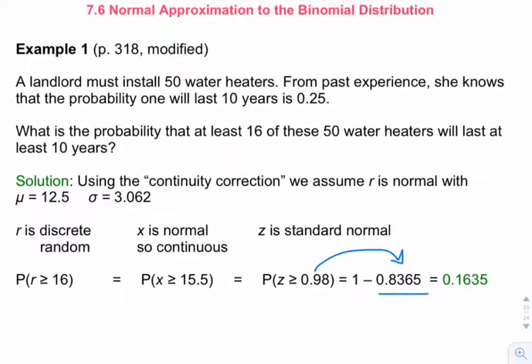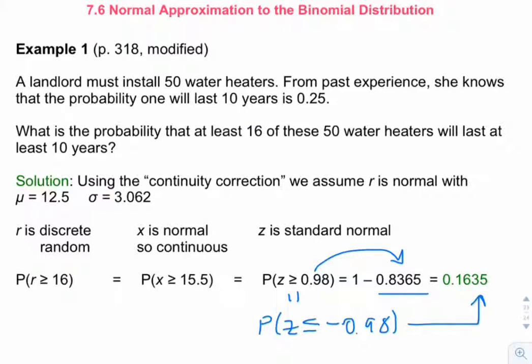Or you could look up the probability that z is less than or equal to negative 0.98 and end up with the same probability. Either way is fine, your choice.